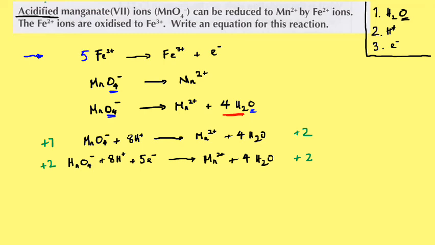So we would have 5 iron 2 plus ions, giving us 5 iron 3 plus ions and 5 electrons. So now we've done that, then we can combine this first half equation with this second half equation.